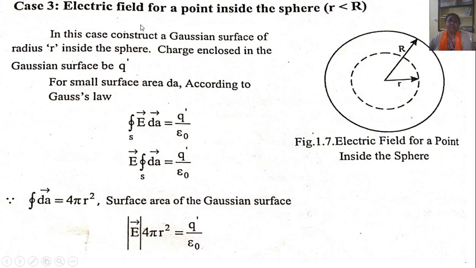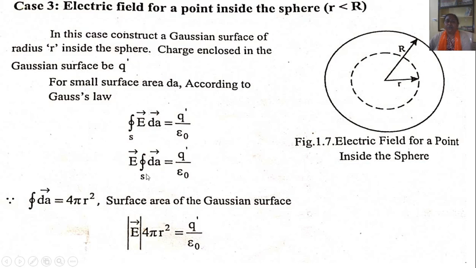Now in case 3, electric field for a point inside the sphere. See in figure. In this case, construct a Gaussian surface of radius r inside the sphere as shown in figure. That dotted circle is a Gaussian surface having the radius r. Charge enclosed in the Gaussian surface is Q dash. Now for a small surface area dA, according to Gauss law, closed integral over surface area of E into dA equal to Q dash upon epsilon 0.